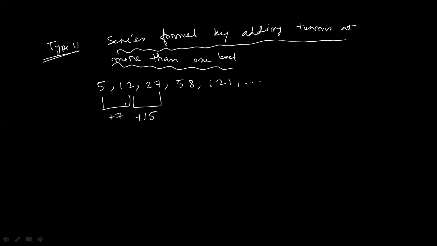So if you add 15 with 12 it will be 27. Then again 8 minus 7 it will be 1, 5 minus 2 it will be 2, 31. Then again if you subtract 58 from 121 then it will be 63.